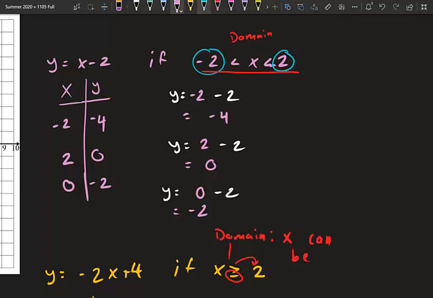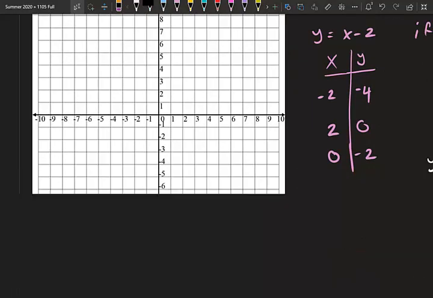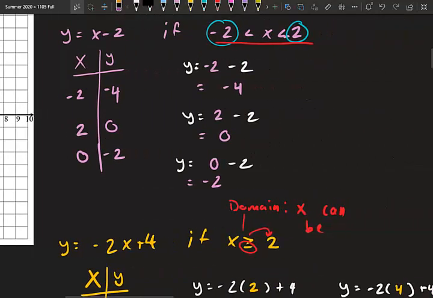All right, let's look at our domain and figure out open circle, closed circle. So there's another way we can do this. At negative 2, let's look at the sign next to it. There is no line underneath.